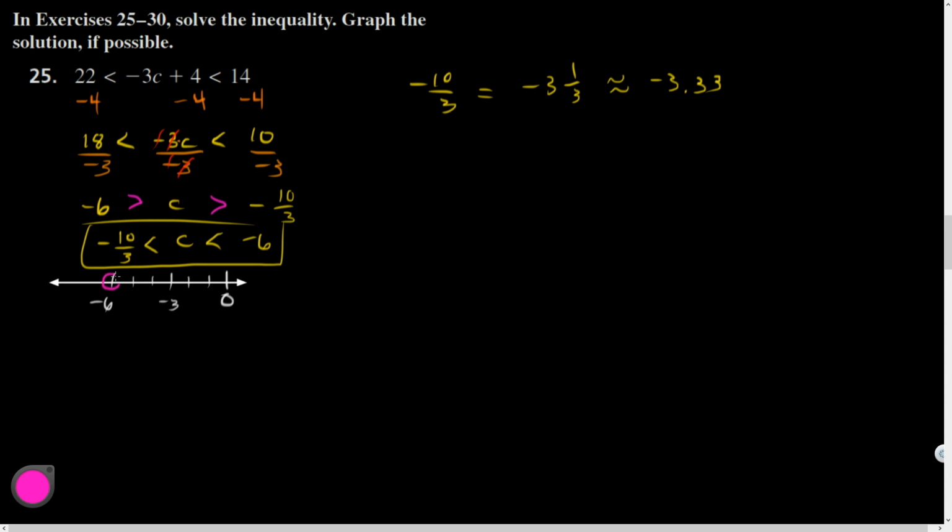I'll have an open circle at negative 6, and an open circle at negative 10/3, which is the same as negative 3 1/3. Is that here or here? Left or right? This is negative 2 2/3. Here's negative 3 3/3. So yeah, something like that, and shaded in between.